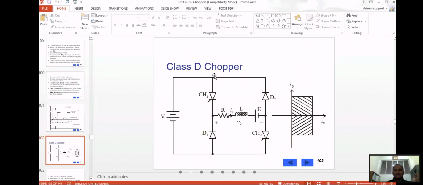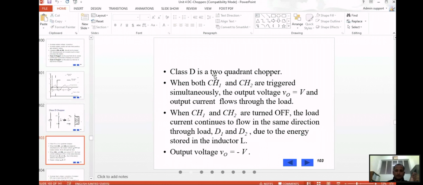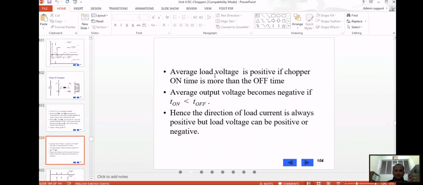And we have seen that the class D chopper operates in the first and fourth quadrants, where the current is always positive and the voltage can be positive or negative, depending on the duration of the turn on time, T on. If the T on time is more, then the average output voltage will be positive.